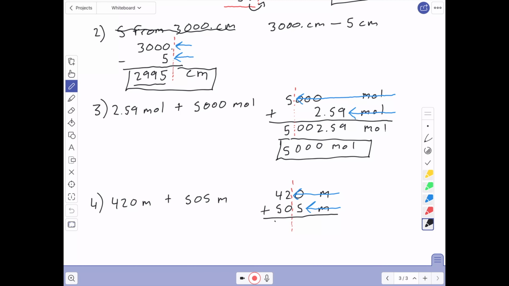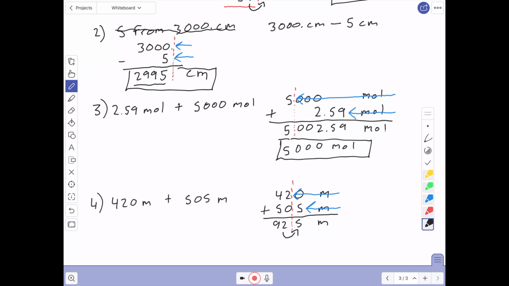And that affects where we're rounding. Whoops, what am I doing? That's not proper addition. 925 meters. That means the 2, look to the right, 5. Got to be careful. Is there anything to the right of the 5 that's non-zero?